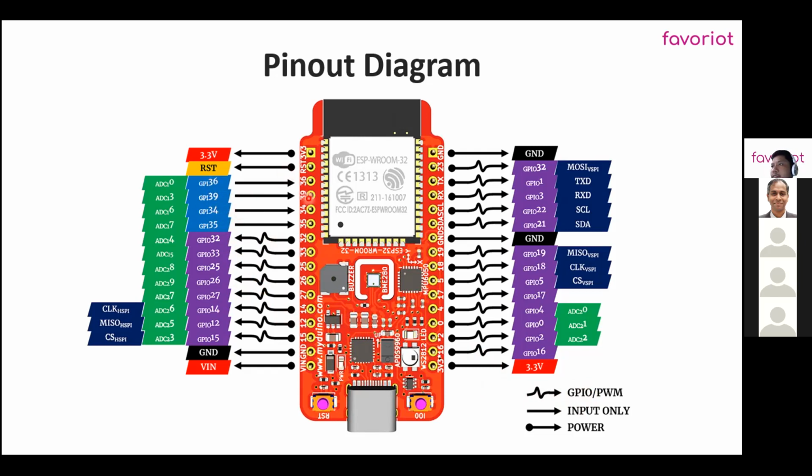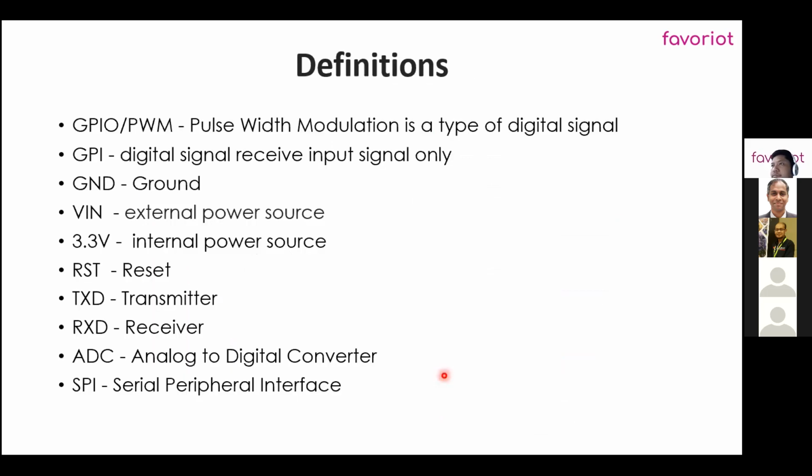For example, on this pinout diagram, pins 35, 34, 39, 36 can only be used for input, not for output. This is the definition.